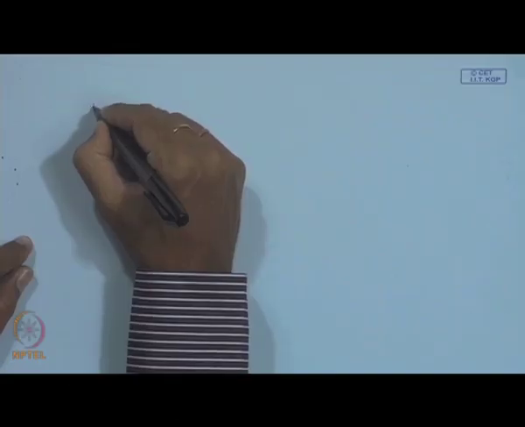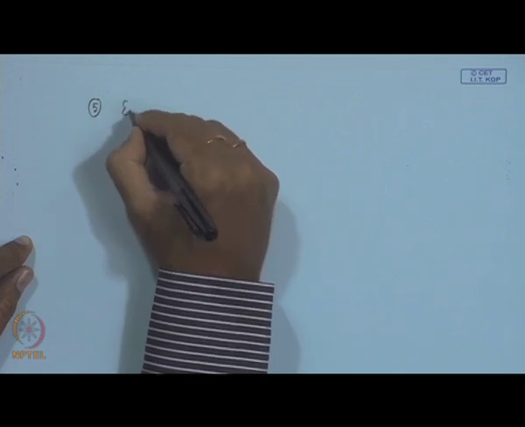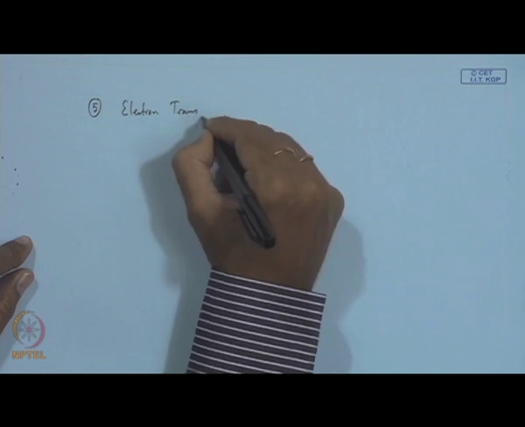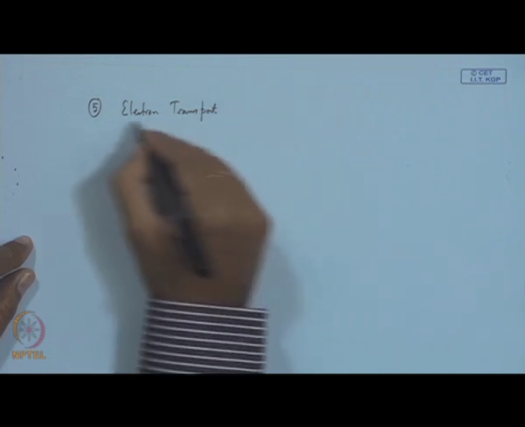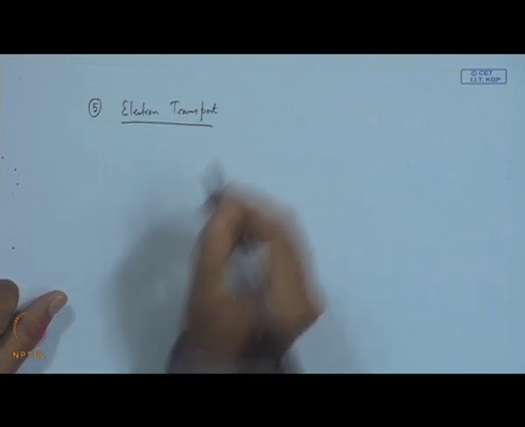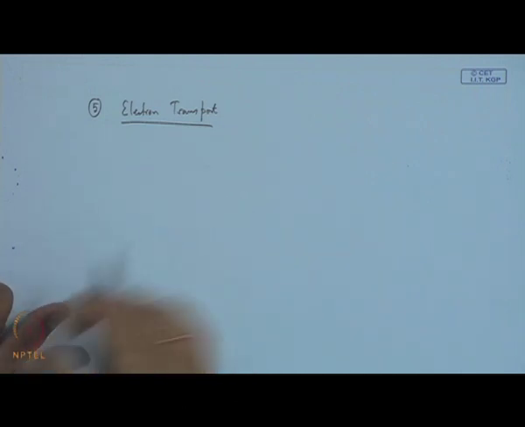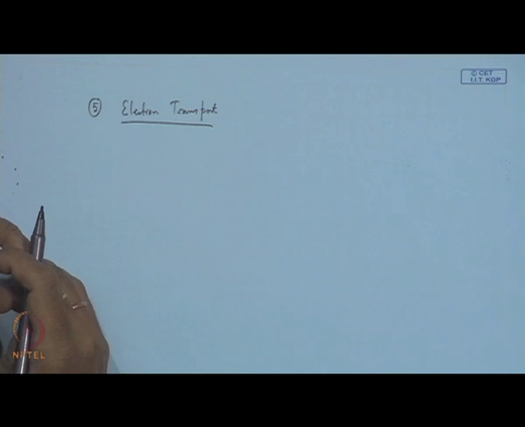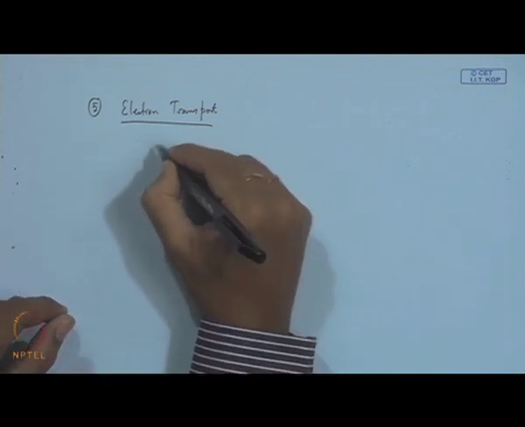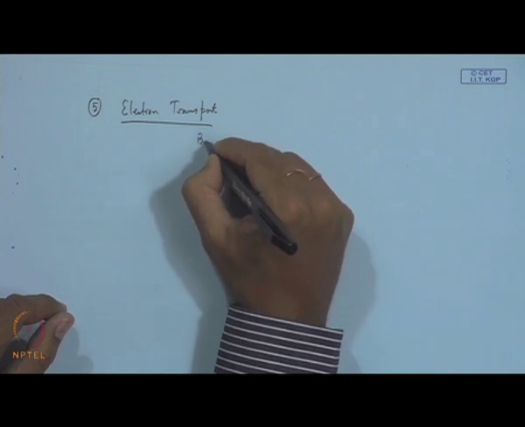So ion transport rate is important in determining the corrosion rate. Okay. Next is electron transport. So there must be a mechanism by which the electrons will be transported between the cathode side and the anode side.